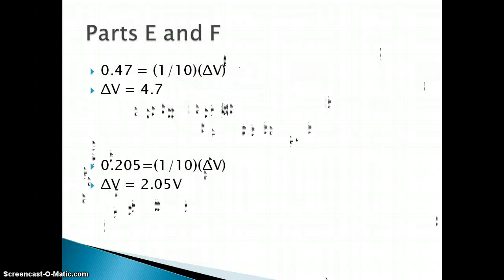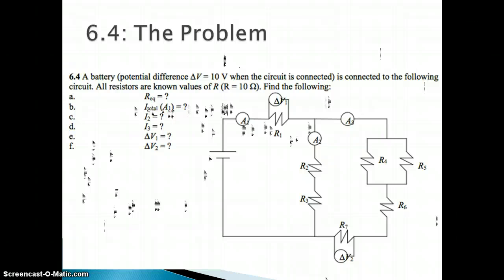Then, for the last part, we have to find the delta V values. So we want to look at delta V1, which is right here, and delta V2.